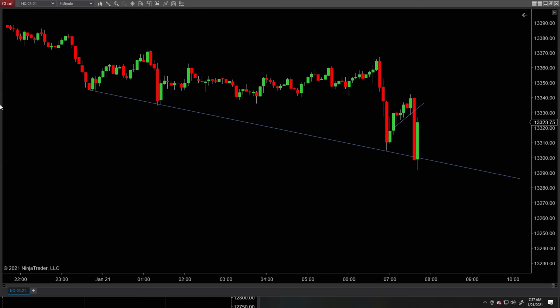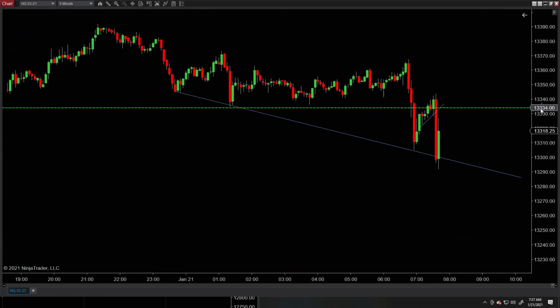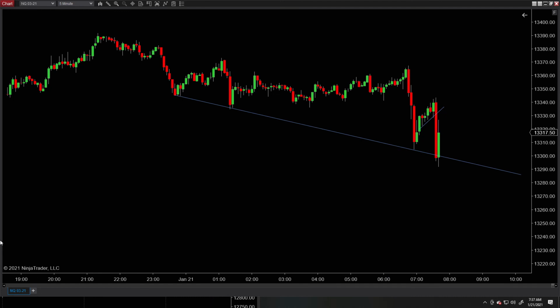Another position closed out at 14, so that was 4.75 points. Another position closed out at 11, so that was 7.75. And then another position closed out at 16.50, so 2.25 points. And at $20 a point, that's what I want for my morning trade.